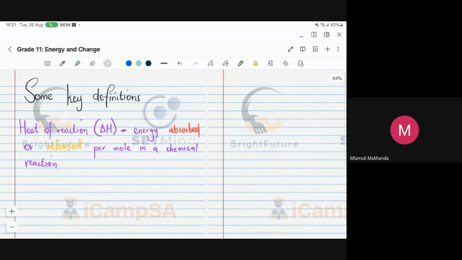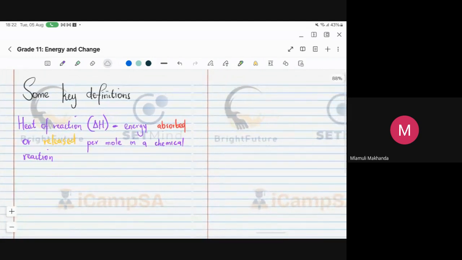In the definition of heat of reaction, when we say the energy is absorbed, remember the heat of reaction is defined by the formula delta H equals H product minus H reactants, the change in energy when we subtract the energy of the reactants from the products.